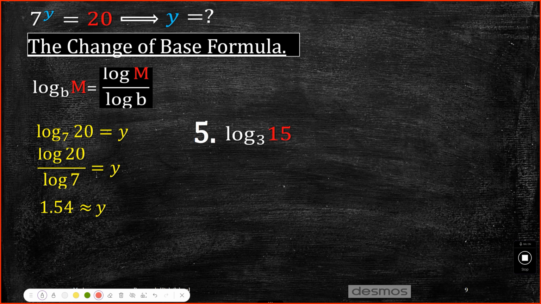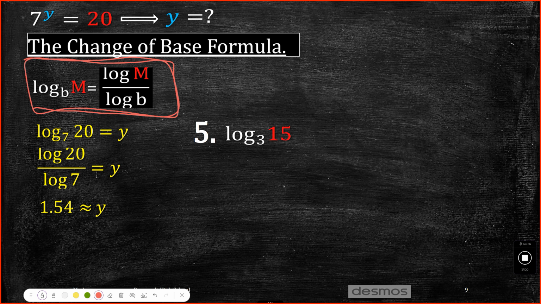Let's just accept that it's true, and I can prove it later maybe. Log base b of m equals log of m over log b. Basically, it goes like this. And why do you use this? Because the calculator only knows base 10. So whenever you have something that is not a base 10, we can change it to a base 10.